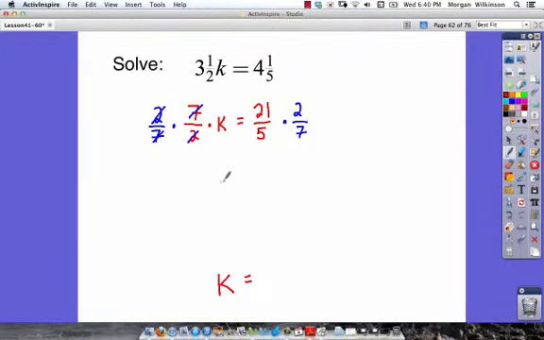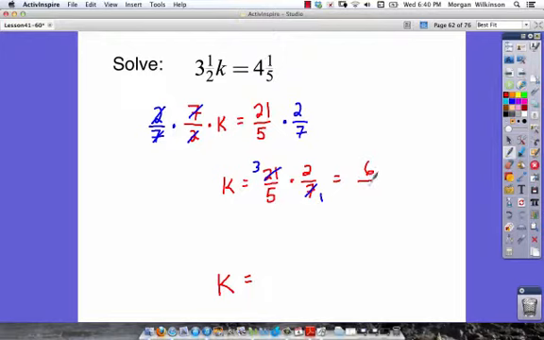I'm going to rewrite. k is equal to 21/5 times 2/7. We can go ahead and simplify before we multiply because we know 7 goes into 21 3 times. So we're going to get a 1 and a 3. Much easier to multiply that way. 3 times 2 is going to give us 6.